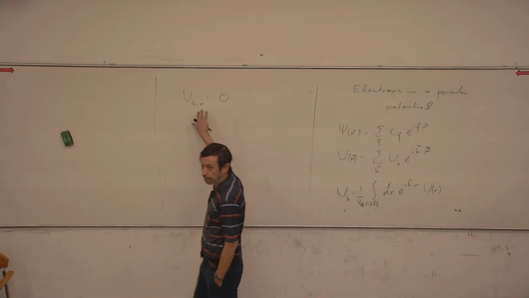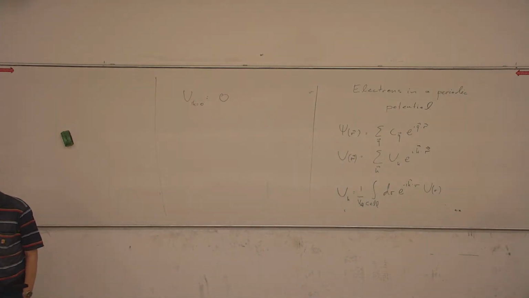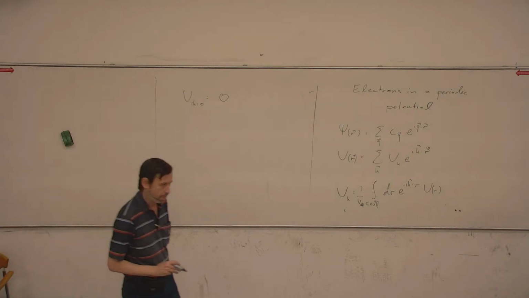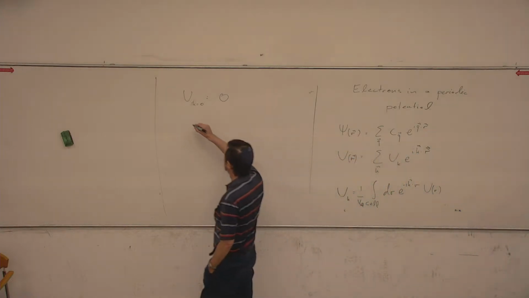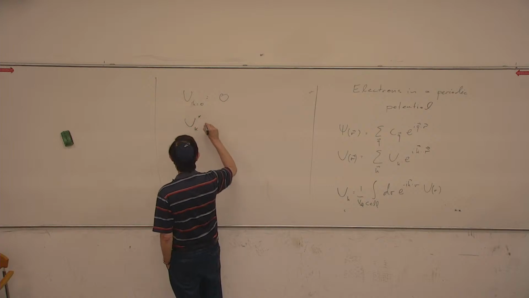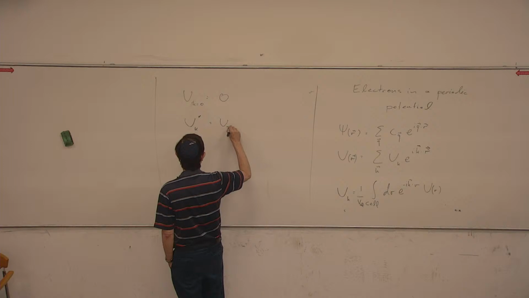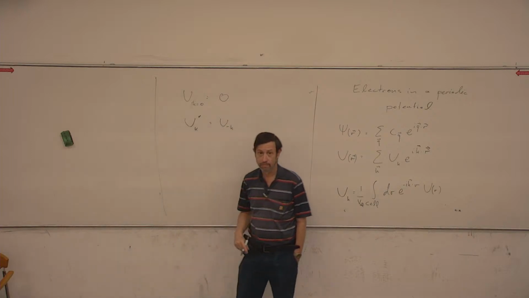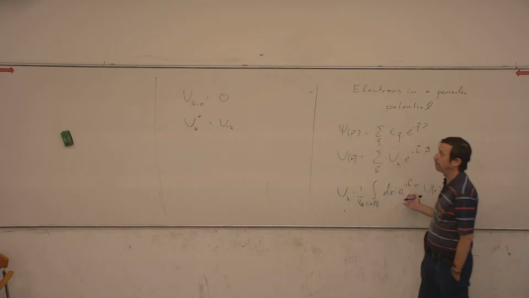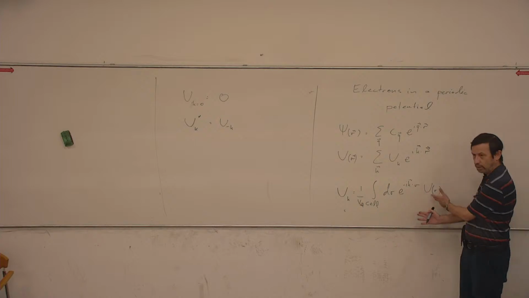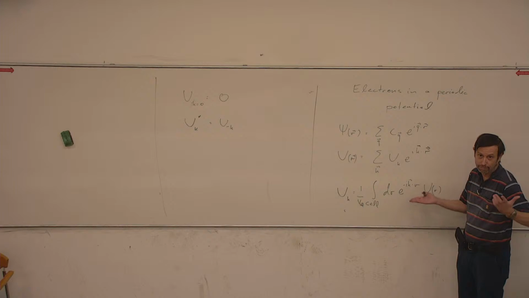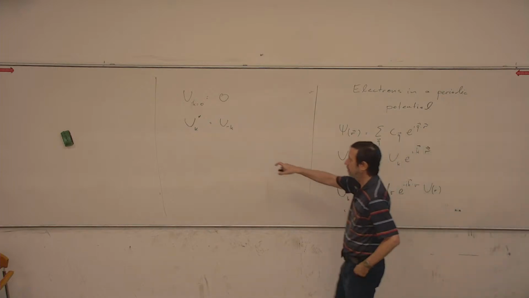So for any Fourier transform, the component at k equals 0 is the average. If I'm changing k to minus k and taking the complex conjugate, U is real, since it's a potential. So this is fulfilled.